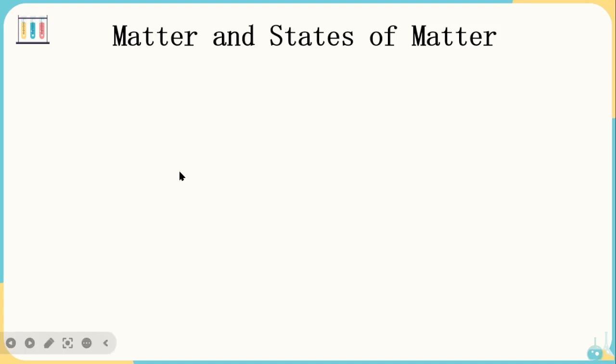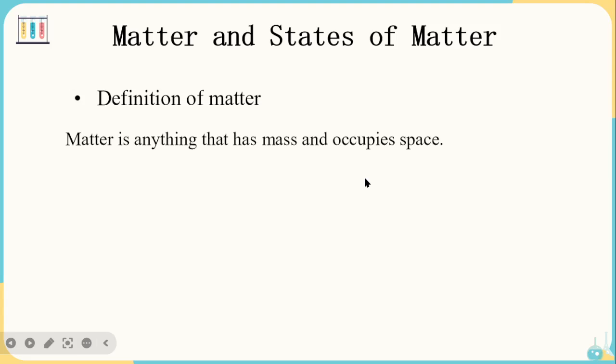So let's begin by first understanding the definition of matter. What is matter exactly? Matter is anything that has mass and occupies space. When we say this, we mean that anything around you that has mass and occupies space, that has volume, is considered matter.